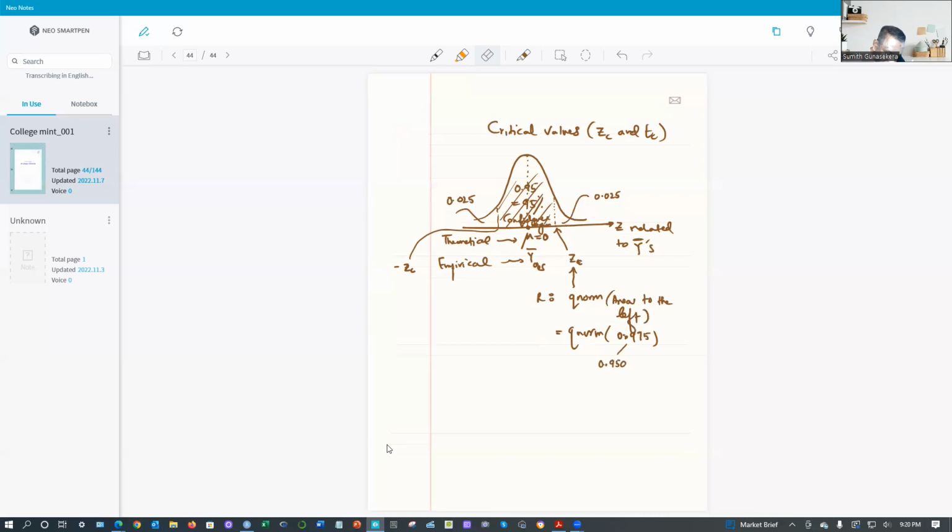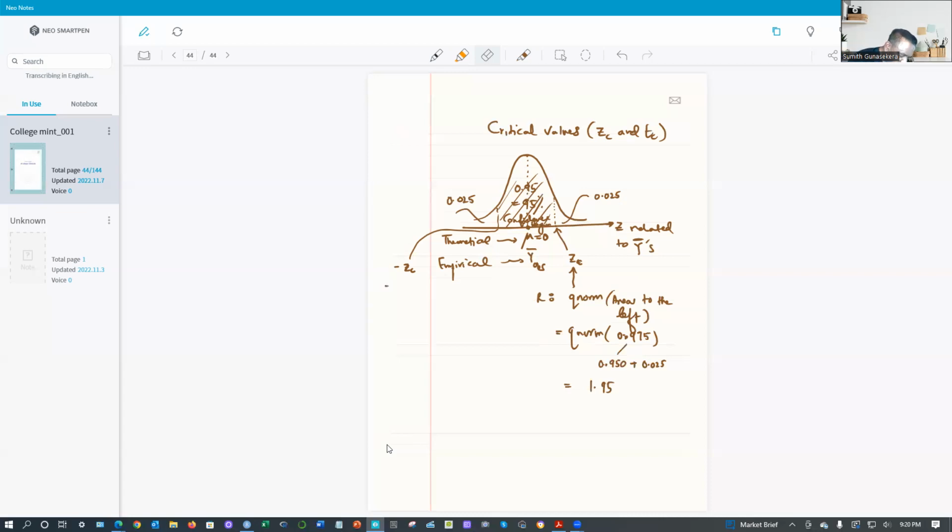That's how we got the 0.975. If you punch that value into qnorm, you get 1.95.